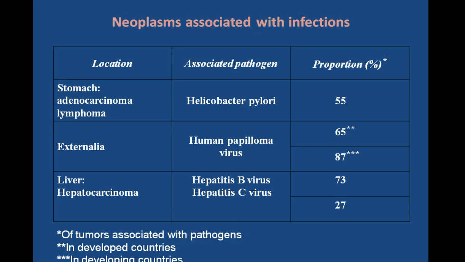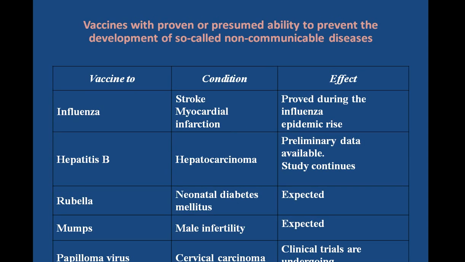Neoplasms associated with infection: adenocarcinoma, lymphoma, extranodal, liver, hepatosarcoma, and they have the association with Helicobacter pylori, extranodal, human papilloma virus, and hepatosarcoma and hepatitis C, first of all, and I suppose also hepatitis B.